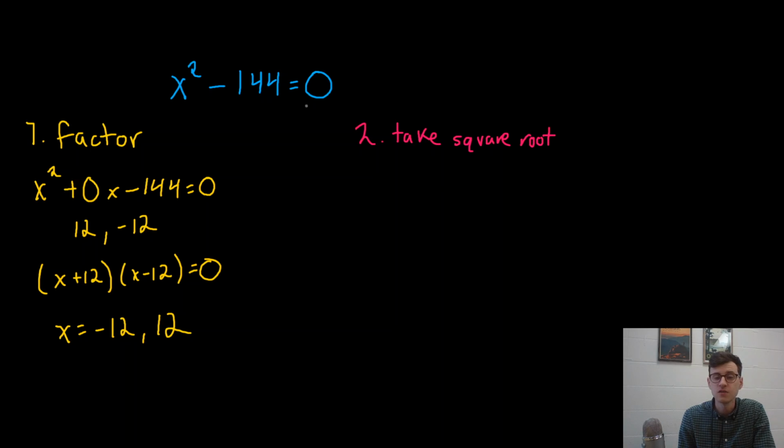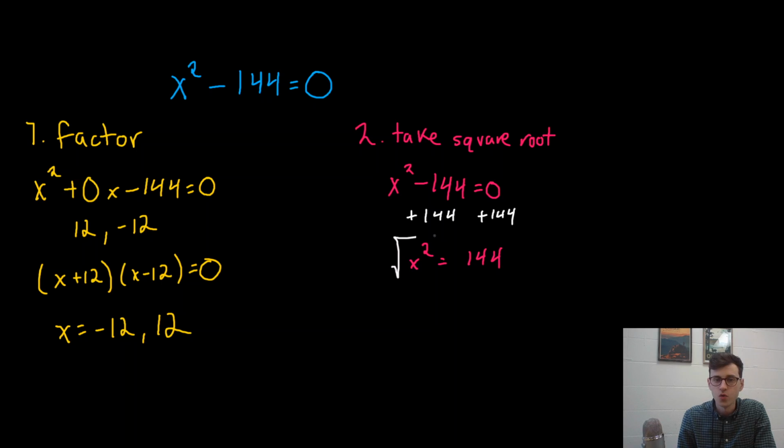Now the other way is by taking the square root. So we have x squared minus 144 equals 0. Let's add 144 to both sides. Then I'm left with x squared equals 144.